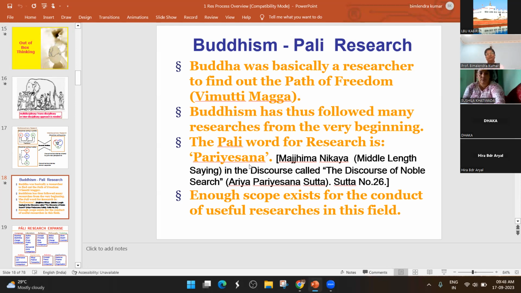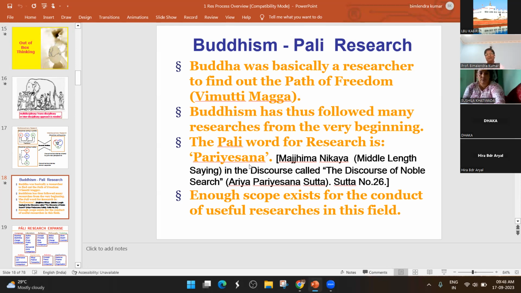And Buddha also says, "Yathapi eka raso lonaraso, evameva mayham dhammavinayo eka raso vimuttiraso," that all the teachings of the Buddha have only one flavor, the flavor of freedom.